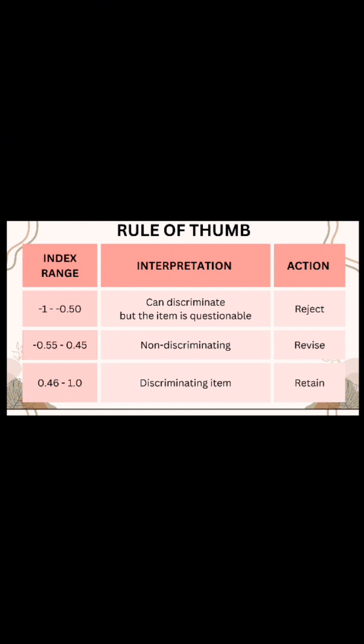Another index range is -0.55 to 0.45: non-discriminating, and the action is revise. Then another one is 0.46 to 1.0: discriminating item, and the action is retain.